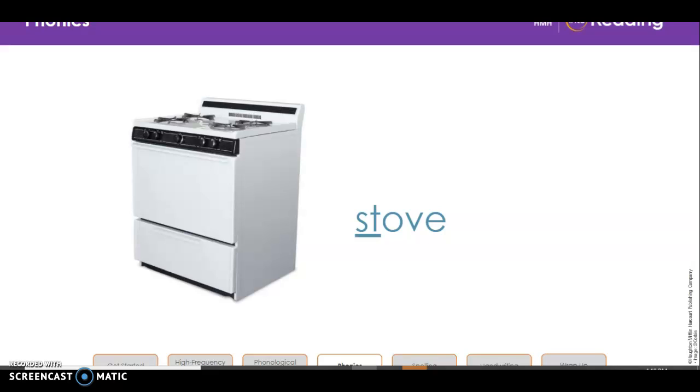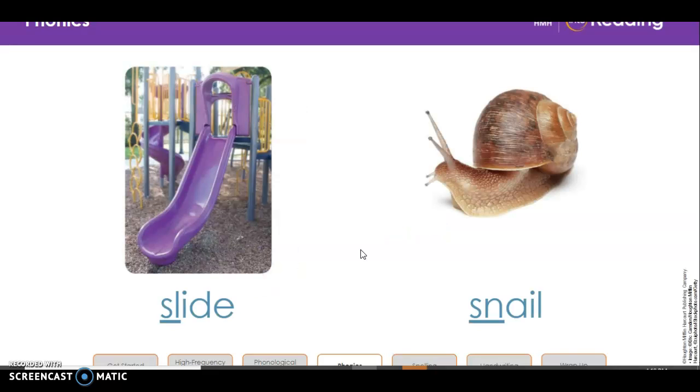In a consonant blend, each letter stands for its own sound, but the sounds are said closely together. Listen. Stove. St. Say the picture name and the S blend with me. Stove. St. Good.